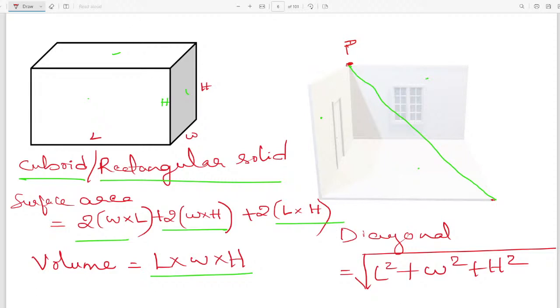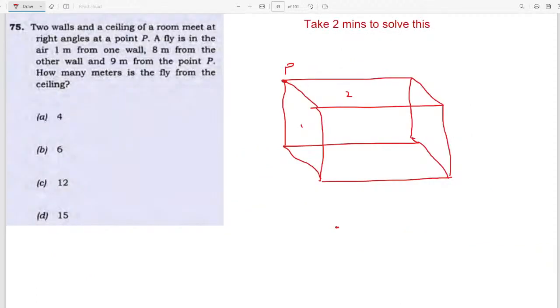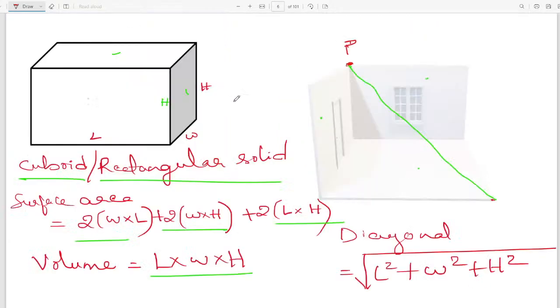Just a minute, I'll just see the question here. A fly is in the air 1 meter from one wall and 8 meters from another wall. So this is a fly. Let this be a fly here.